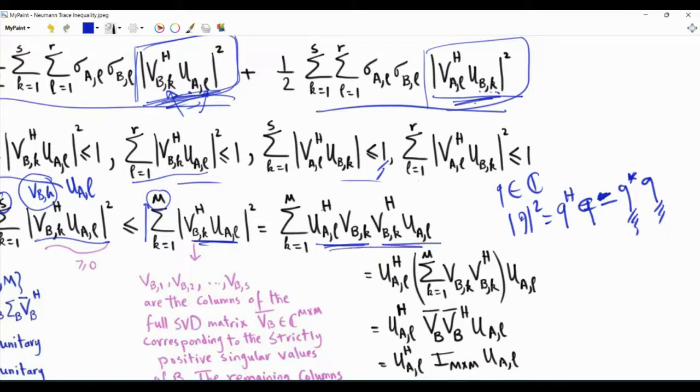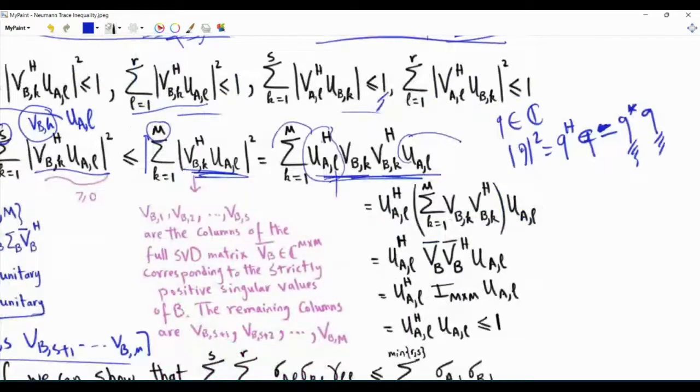This is just a rewriting of the magnitude squared. Now note that we can take this UAL Hermitian outside and to the left, and this guy to the right, because the summation index is K, and those guys do not depend on K. So we have this summation here.